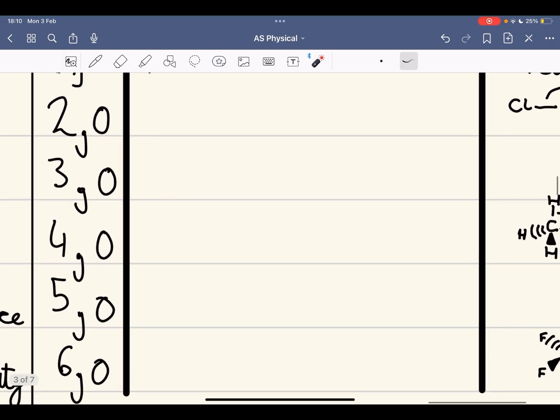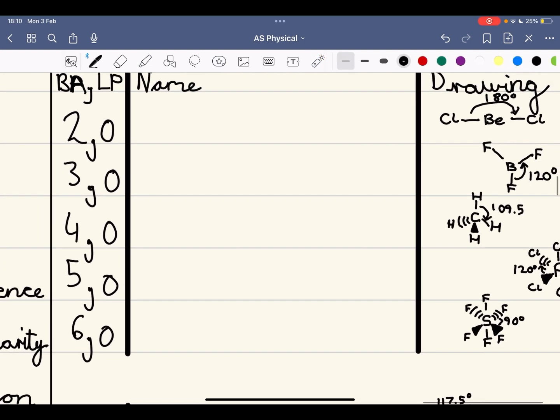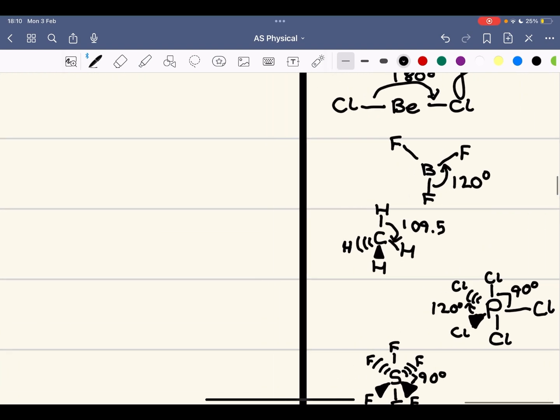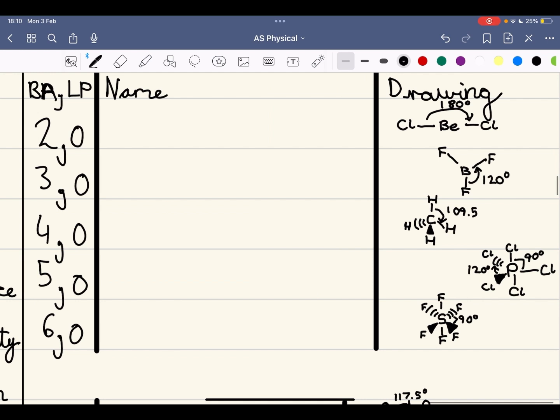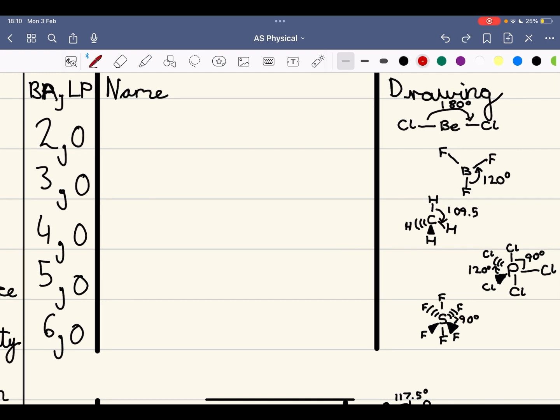Okay, so these are your basic structures, and to remember the names, I've drawn the angles as well, because that kind of helps us remember the names sometimes. So 2,0 is called linear, and you can remember this as it has a 180-degree bond angle, and linear means straight, right? Which also has any straight line has a 180-degree angle.